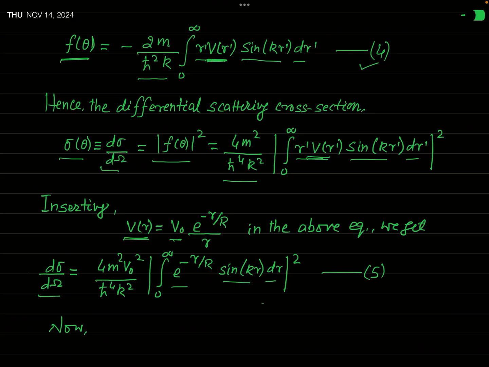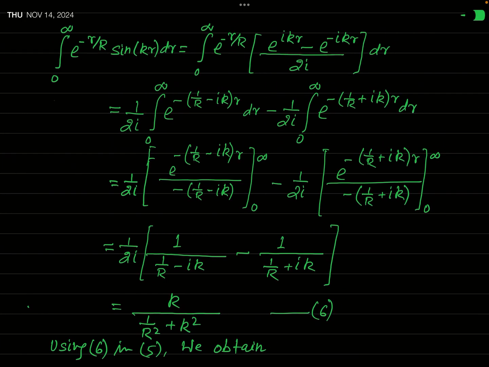Now we will try to evaluate the value of this integral, and it can be easily evaluated. You can see the factor e to the power minus small r over capital R is at each. Instead of sine κr, we can write (e to the power iκr minus e to the power minus iκr) divided by 2i.